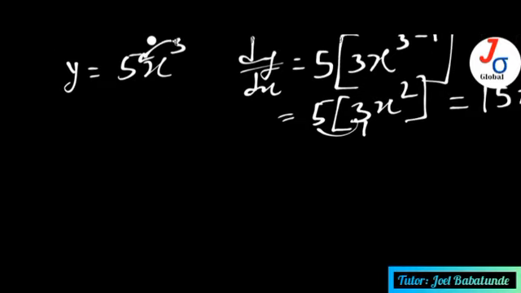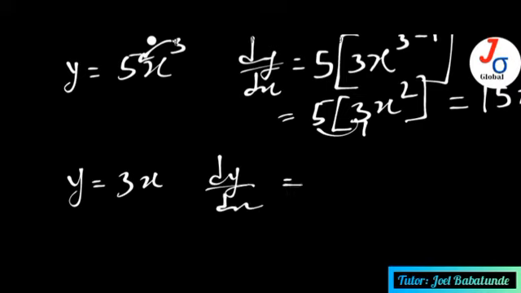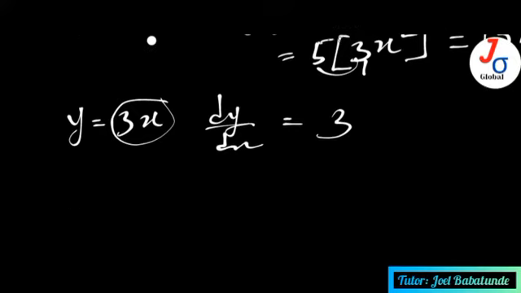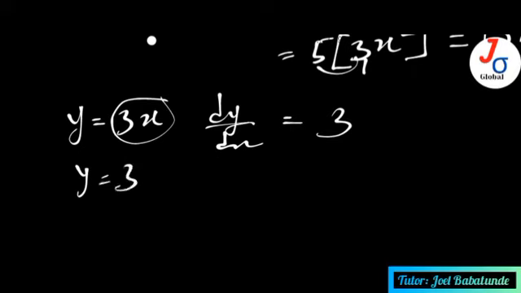Then let's see another example. Let's say you have y equals 3x. What's the derivative of this, dy/dx? Now dy/dx is actually, if you differentiate 3x, you should get 3. That's because x is to the power of 1, so we can write it as 3x raised to the power of 1.